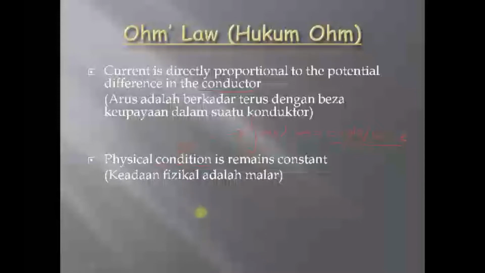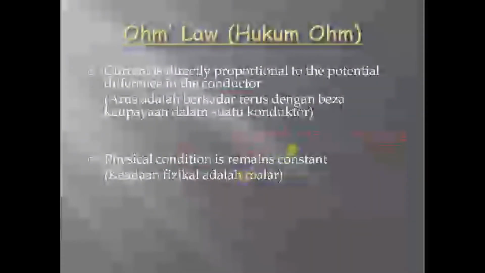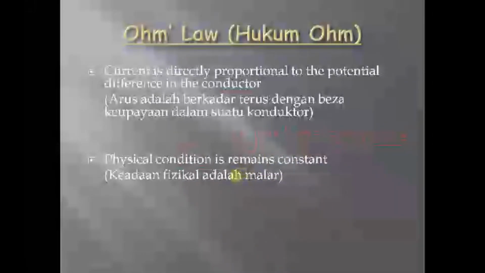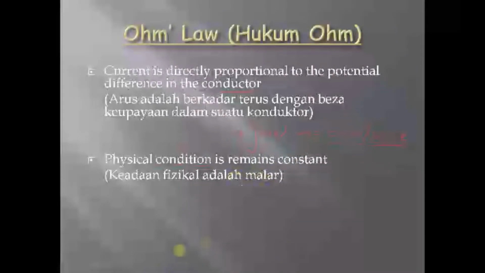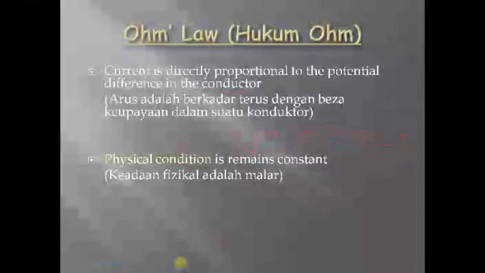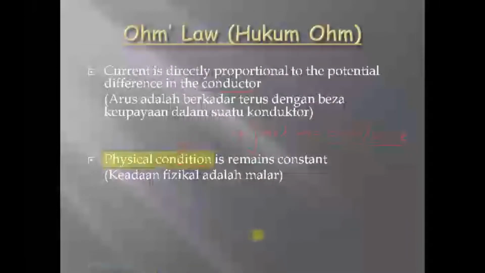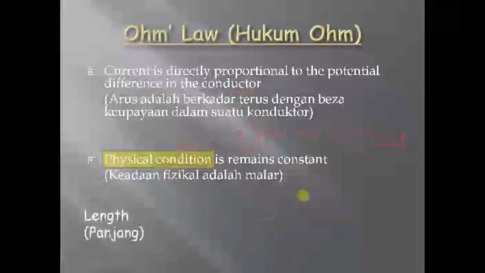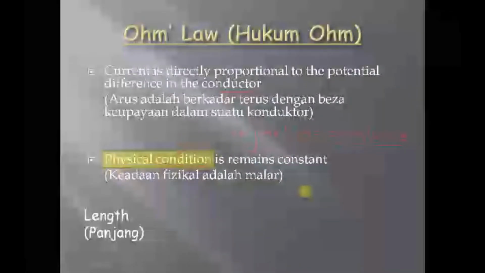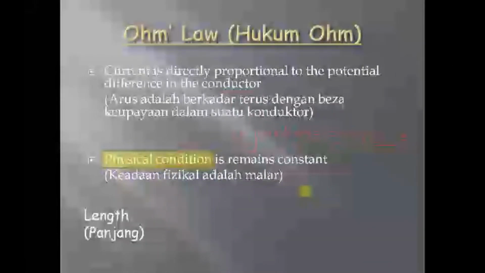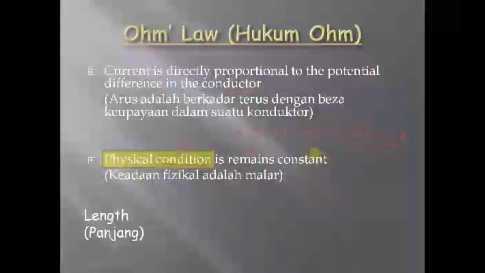According to Mr. Ohm, when you use the cable or the wire to link two places together, number one, he promised you that the length of the cable must be constant. Maksudnya apa? Apabila kamu menggunakan satu kabel, panjangnya 1 meter. Hari ini 1 meter. Esok, berapa panjang? 1 meter. Like that? Ohm said, dia promise. Itu maksudnya physical condition remain constant.